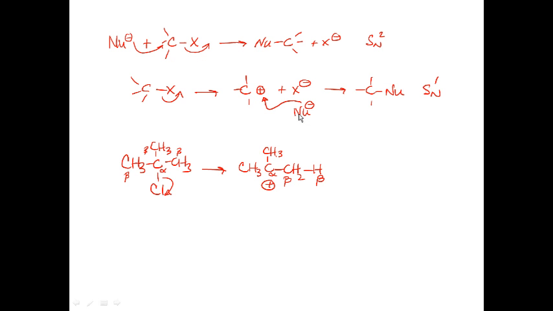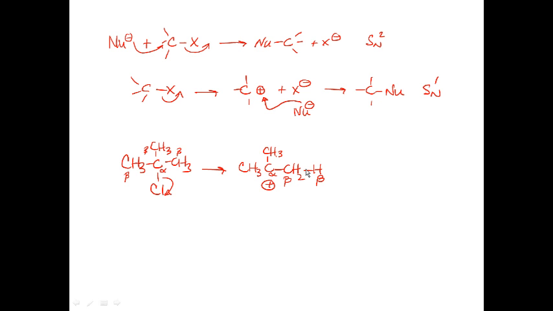So what can happen, particularly if you apply heat to this reaction, is that before the nucleophile comes in and attacks the carbocation, you could end up eliminating an H+ from a beta hydrogen.